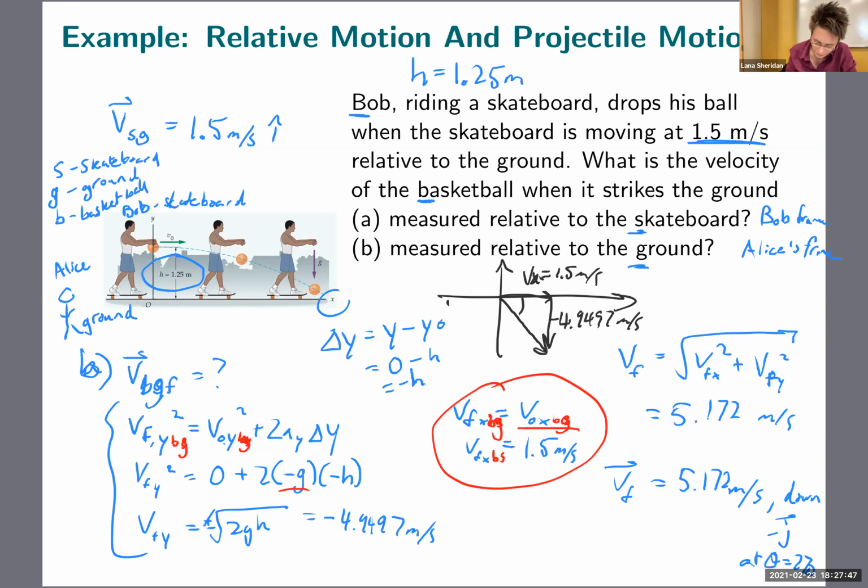And so I can now find either this angle or this angle, either one. If I found that angle, I would take the inverse tangent of 4.9497 divided by 1.5, and I would see that it was 73 degrees.